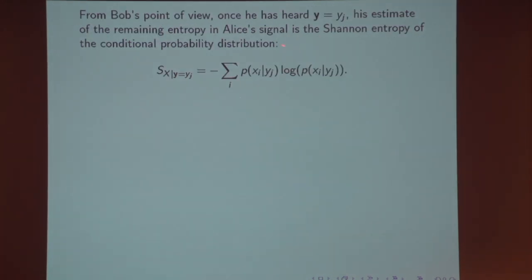So from Bob's point of view, once he's heard yj, his estimate of the remaining entropy in Alice's signal is just the Shannon entropy of the probability distribution that he would use, which is the conditional probability distribution. So once you've heard yj, the entropy in the signal x is given by the same formula minus p log p as before, but you have to use your new probabilities, which are now the conditional probabilities.